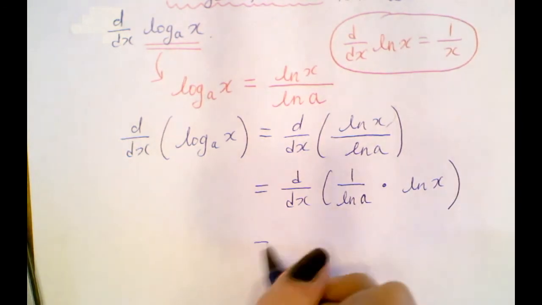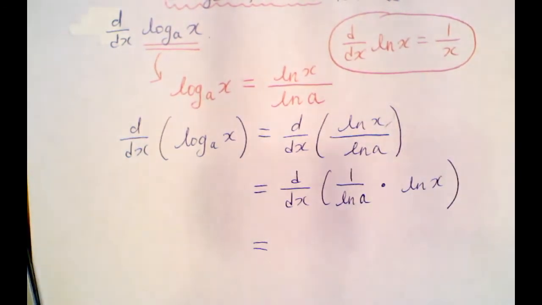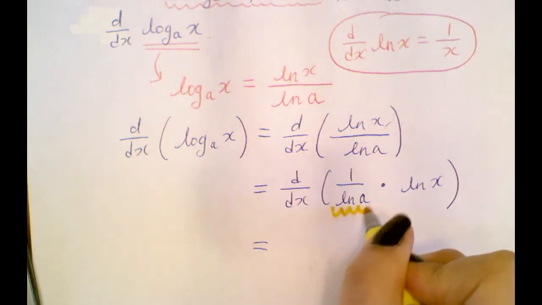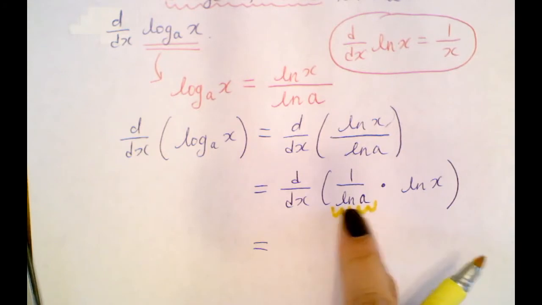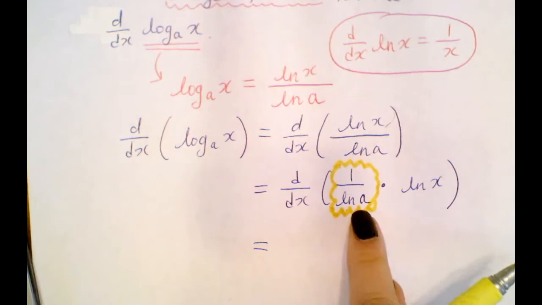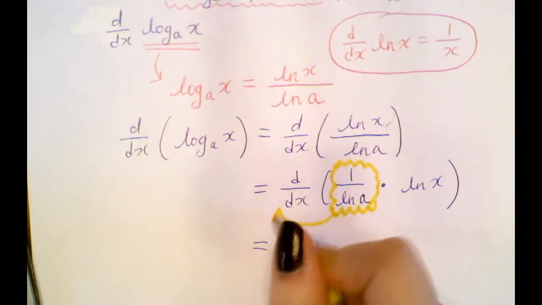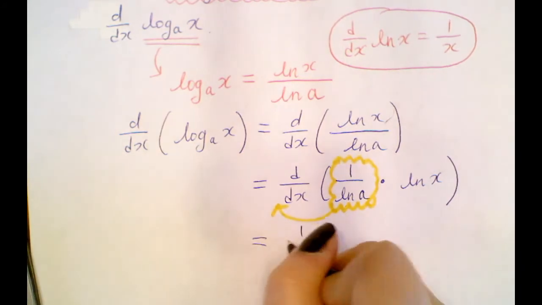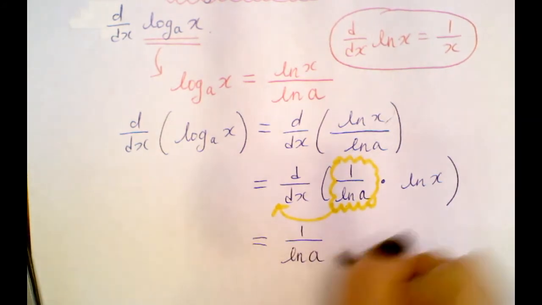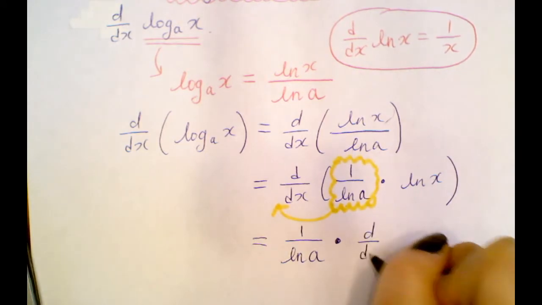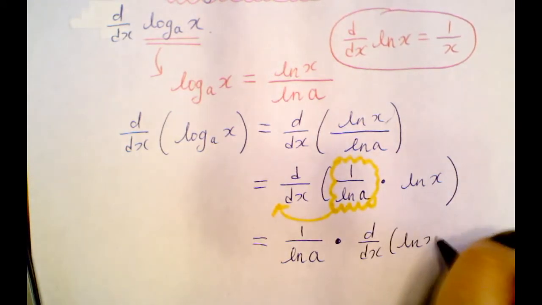Let's take the derivative of this. What you notice is that if you're taking the derivative with respect to x, what I'm highlighting in yellow is just a constant. There's no x anywhere here. So I can just pull this to the front: 1 over natural log of a. And then I'm going to find the derivative of natural log of x.